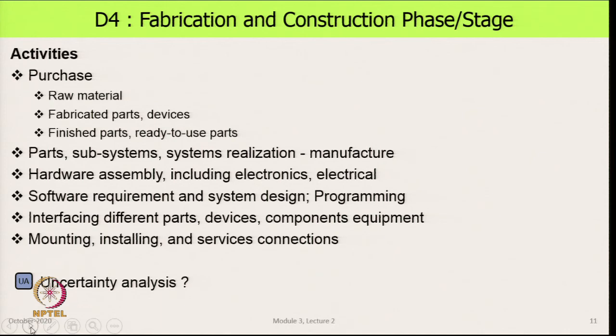So, the activities of the fabrication and construction phase are: first is the purchase of raw material, fabricated parts, semi finished parts, devices and ready to use parts. And this includes instruments.